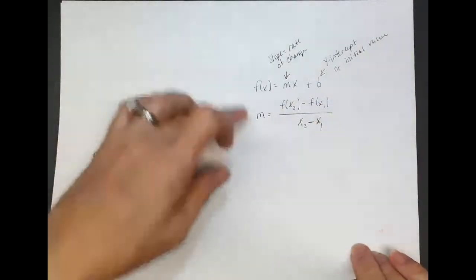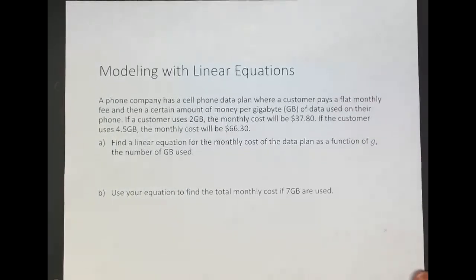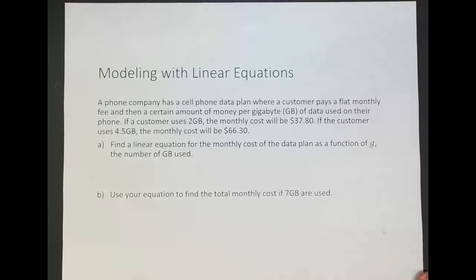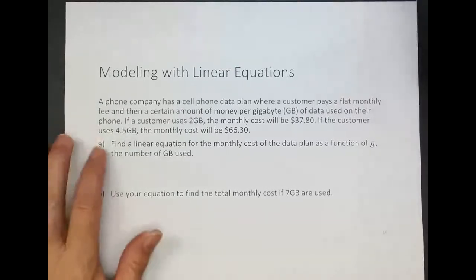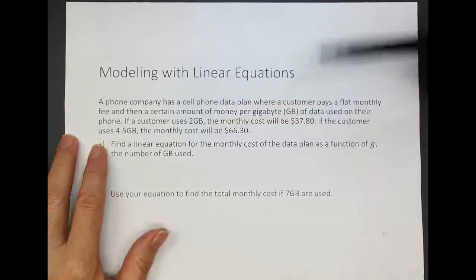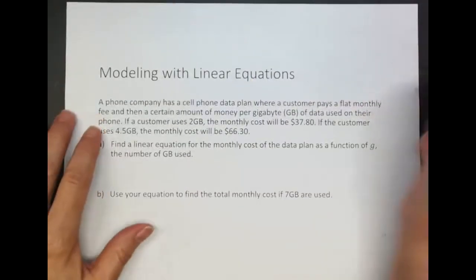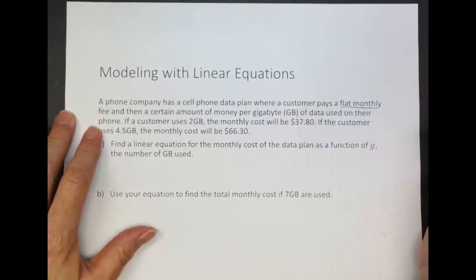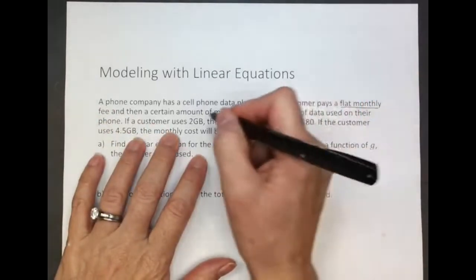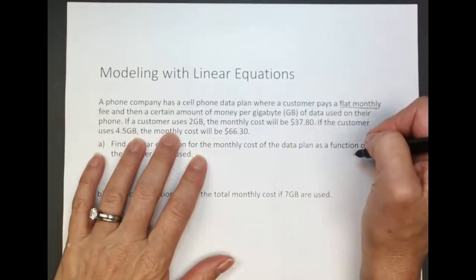All right, so given these two formulas, we can model any linear function or any linear situation. So here's an example. This is kind of an old-fashioned phone company. There's a cell phone plan where a customer pays a flat monthly fee, and then a certain amount of money per gigabyte of data used on their phone.